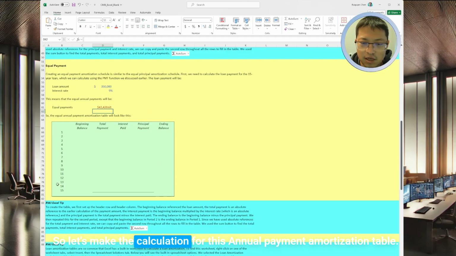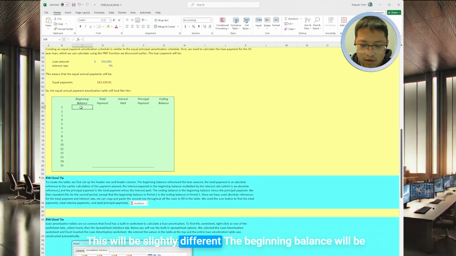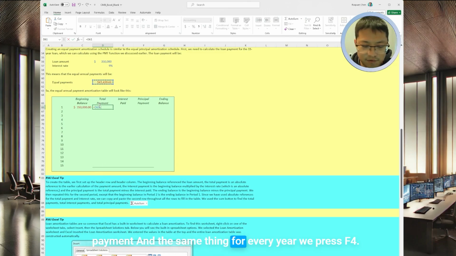So let's make the calculation for this annual payment amortization table. This will be slightly different. The beginning balance will be the loan amount, and the total payment will be this equal payment, the same thing for every year. We press F4.